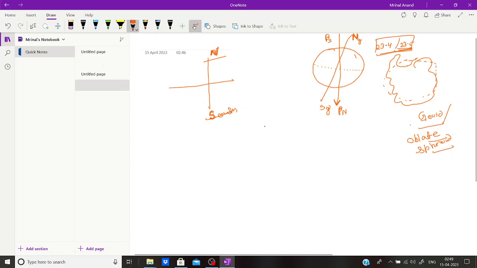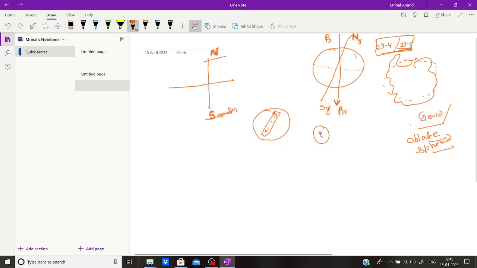So let us draw one more diagram. Suppose this is the earth. This one is the north, this one is the south. This whole earth has magnetic characteristics because at the center of the earth we have a large amount of iron content.